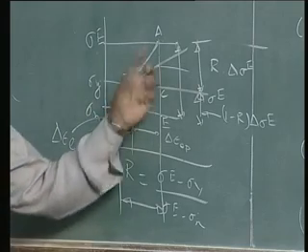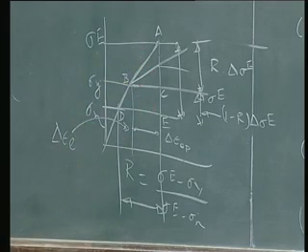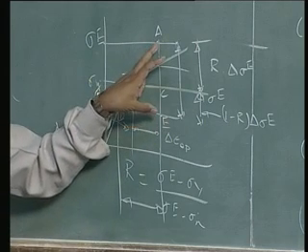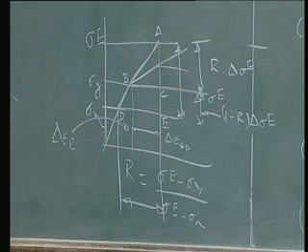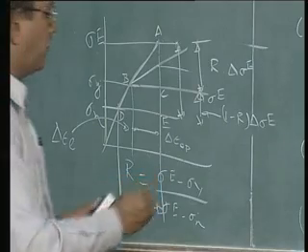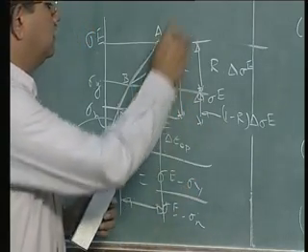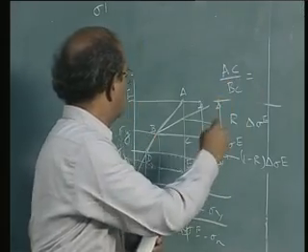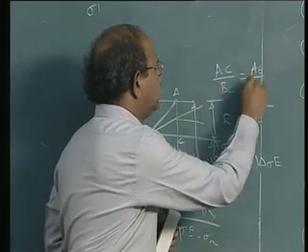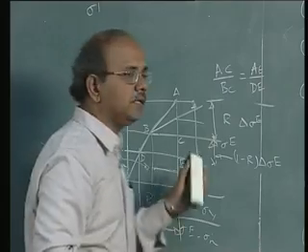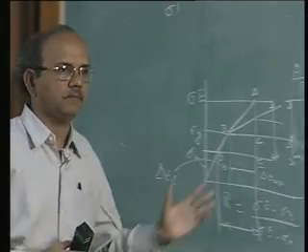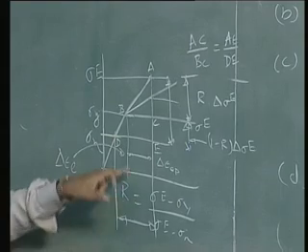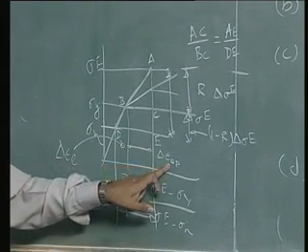So BC by AC is equal to DE by AE, right? So in other words, AC by BC is equal to AE by DE. Is that clear? Right? So I can now calculate delta epsilon EP.